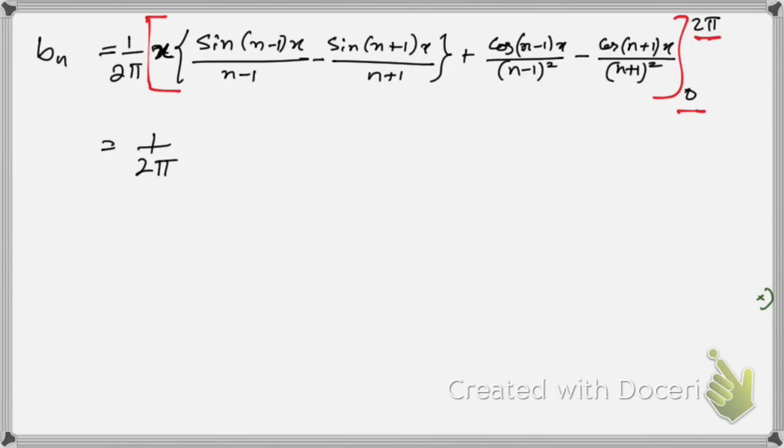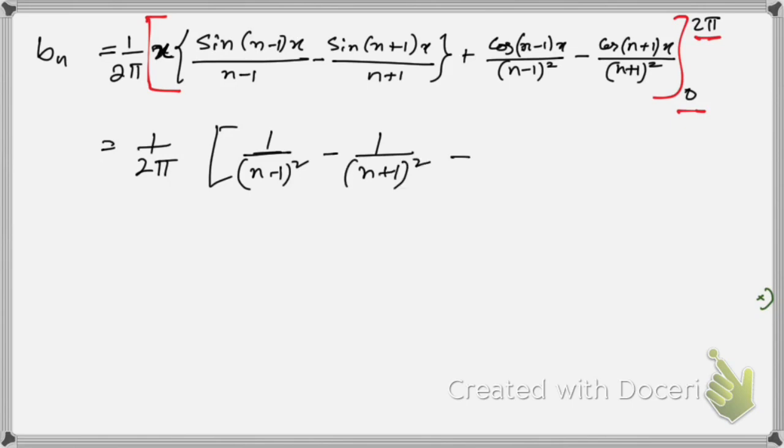So that is why it gives you plus 1. So here we will get 1 by (n minus 1) whole square minus 1 by (n plus 1) whole square.